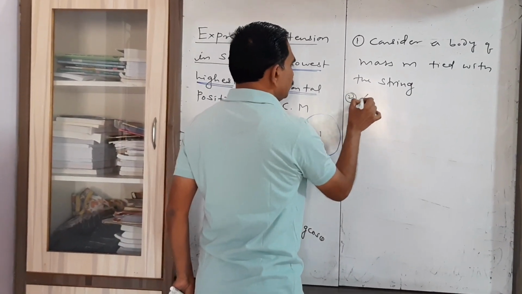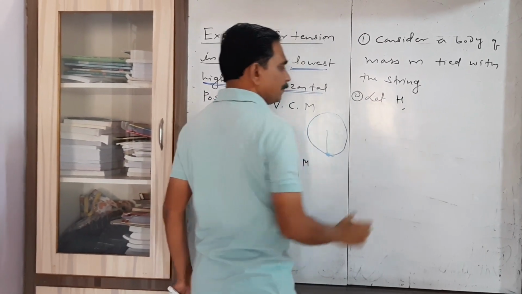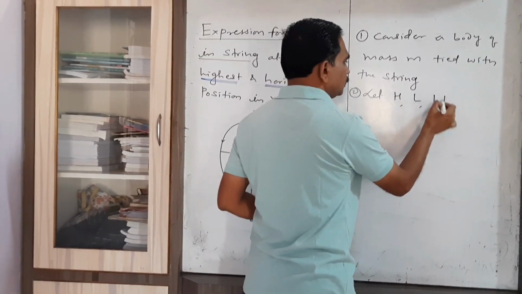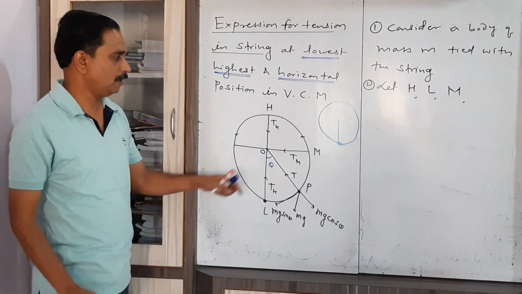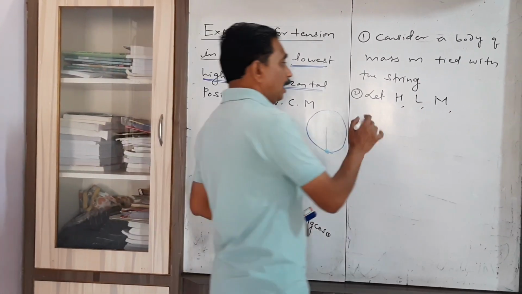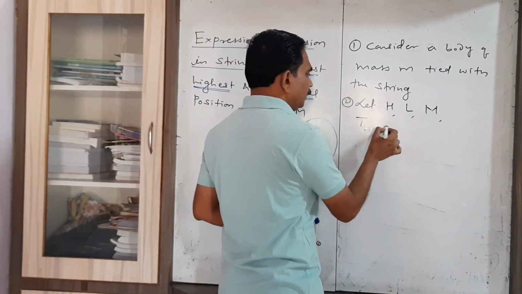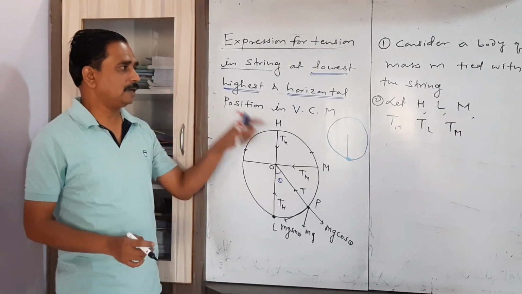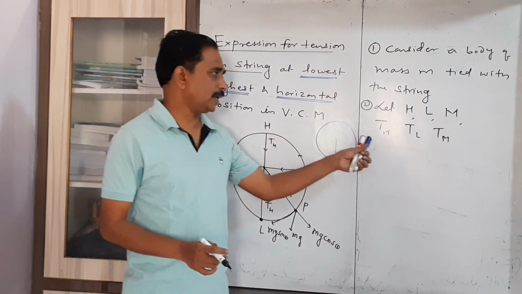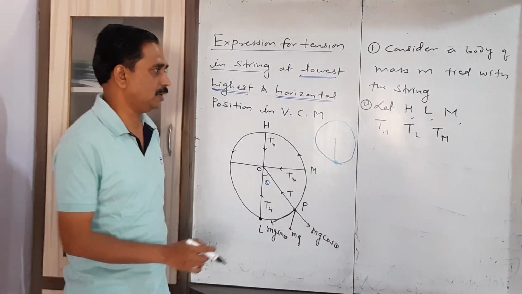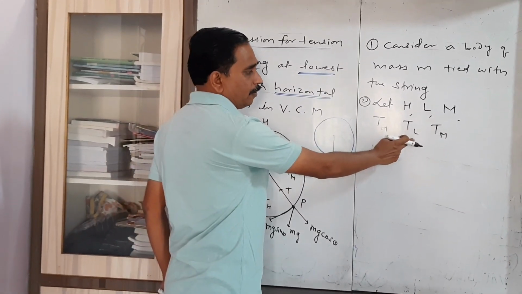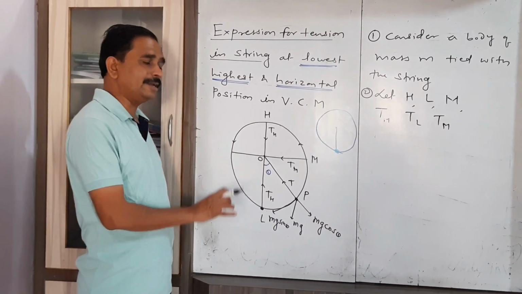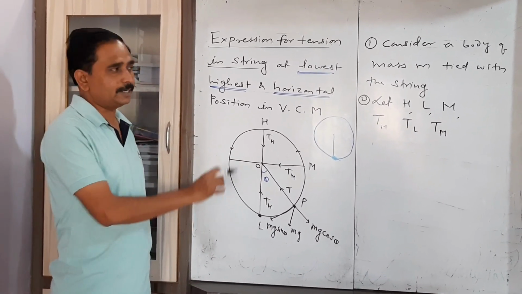Then you have to consider the various positions: H, the highest position, L, the lowest position, and M, the middle or horizontal position, and you have to consider the tension at the respective positions. Let TH, TL and TM be the tensions: T for tension, H, L, M for position, H for highest, L for lowest, and M for middle position.